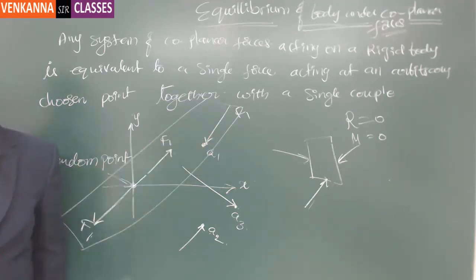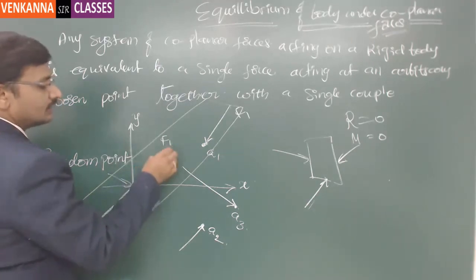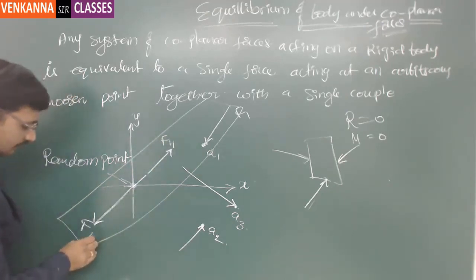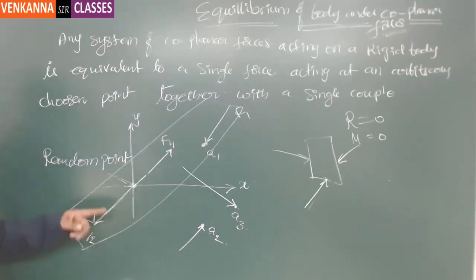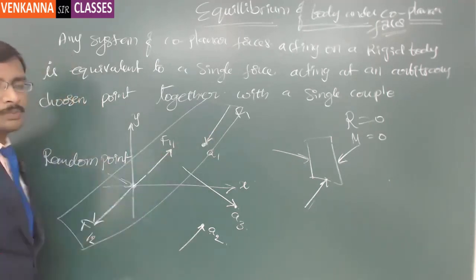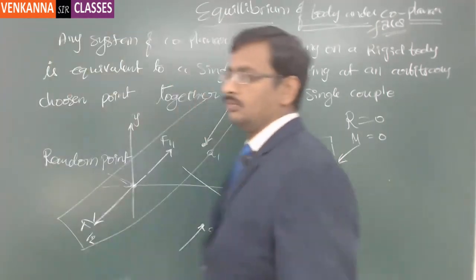Now if I notice carefully, let us call this F11 and this F12, where F11 and F12 are equal in magnitude but of opposite direction. Now these two together, F1 and F11, will form a couple, right? Yes or no?